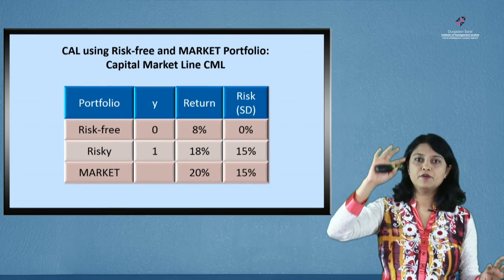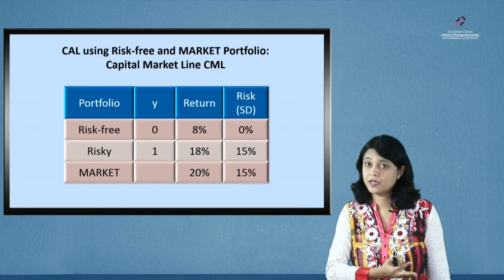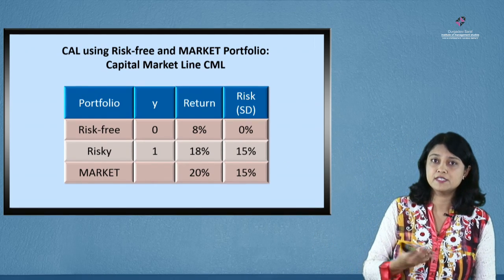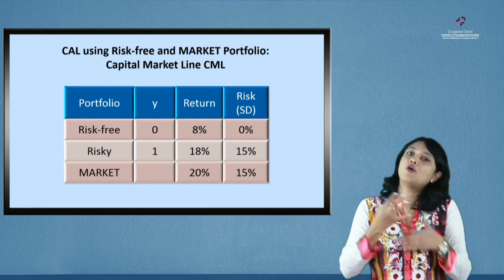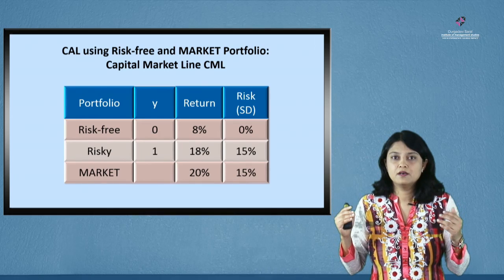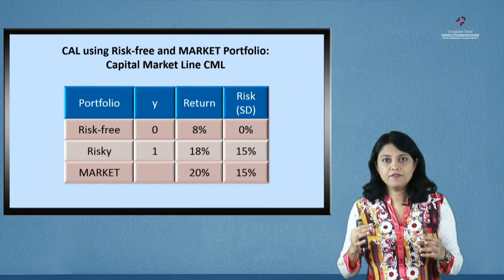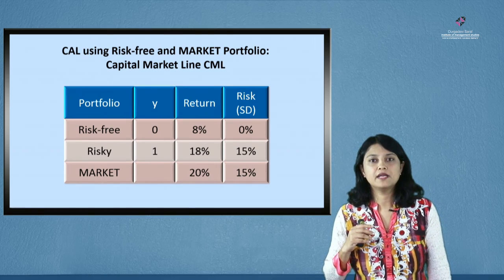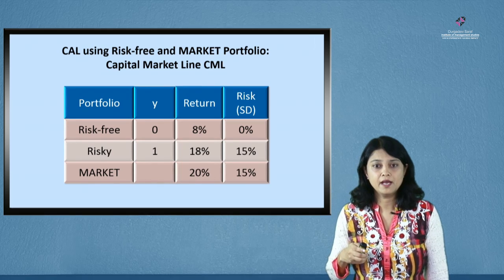Similarly, every risky portfolio will have its own capital allocation line. Market portfolio also is a kind of risky portfolio which is representative of almost all stocks listed in the market. So if I create a capital allocation line with the market portfolio, what will happen?